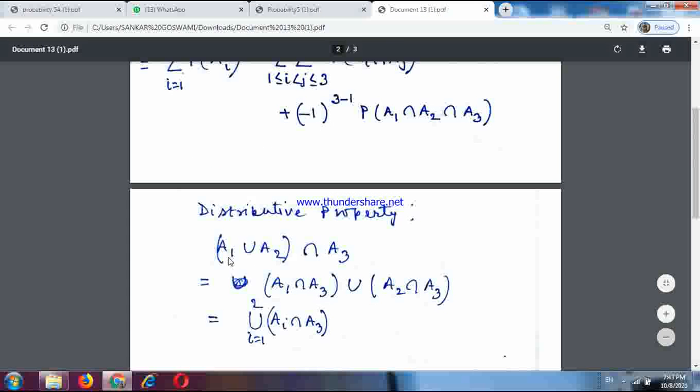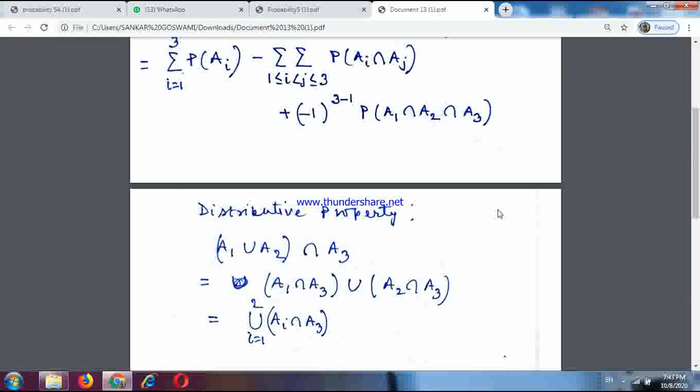You see, (A1 union A2) intersection A3. We just draw a Venn diagram and see what happens. This is nothing but (A1 intersection A3) union (A2 intersection A3). We draw a Venn diagram with A1, A2 and A3, and all of them will have some common region because the events are not mutually disjoint.